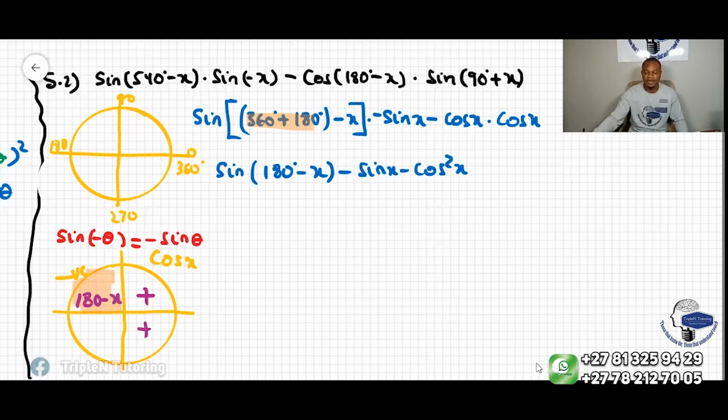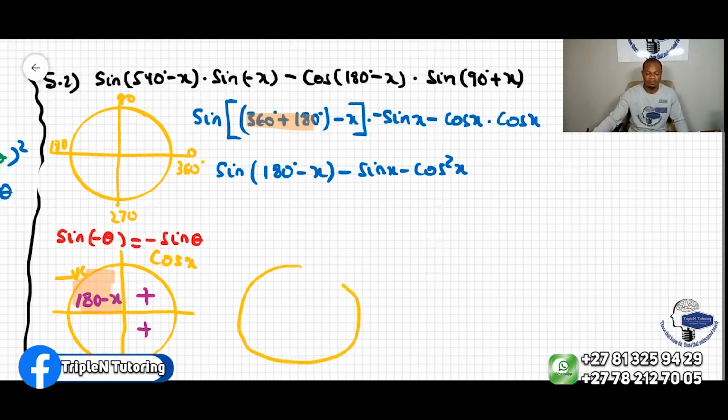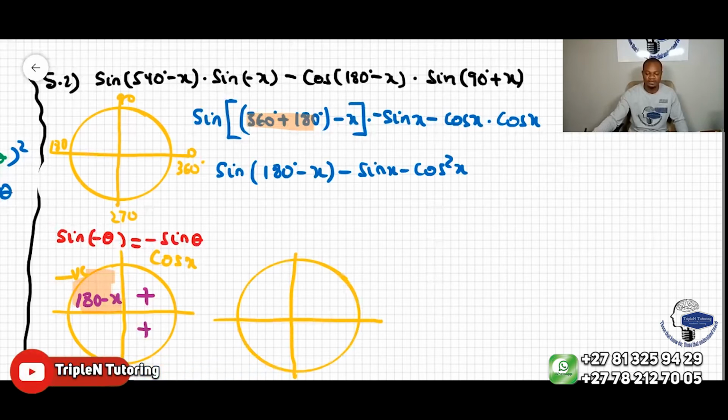Now sine of (180 minus x) can be reduced. I'm going to draw another circle here for sine. For sine of (180 minus x), we are still in the second quadrant.